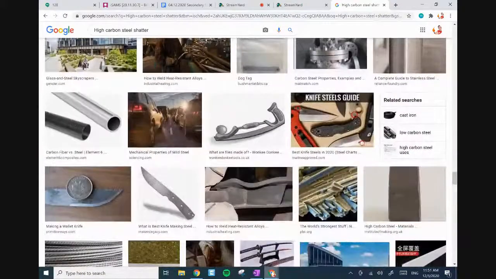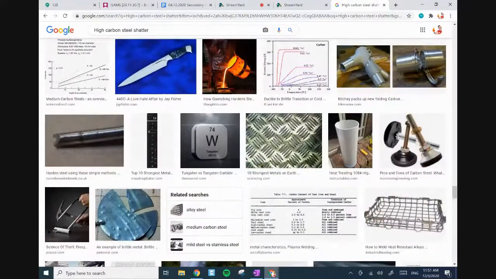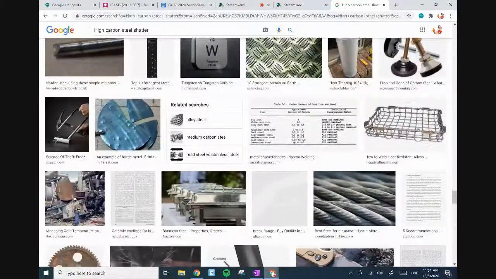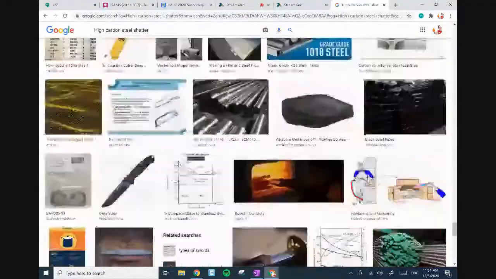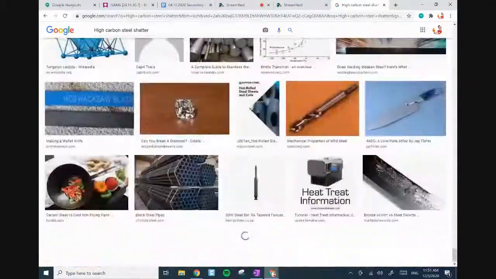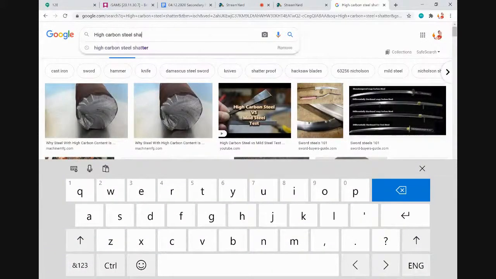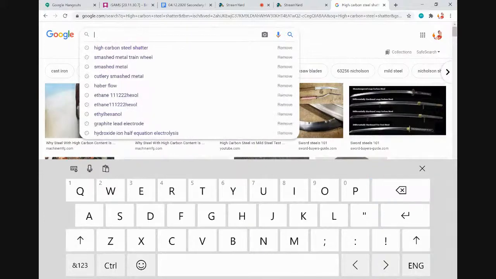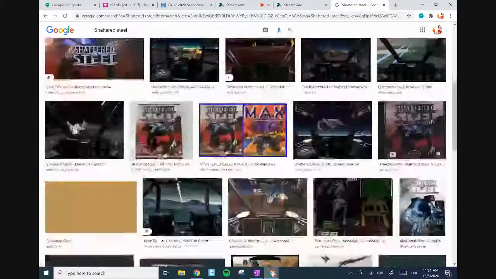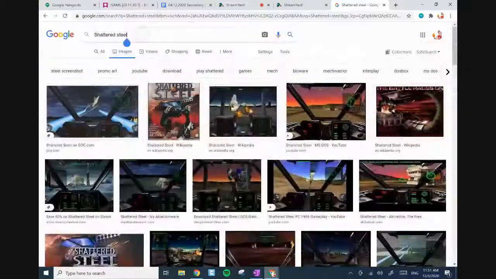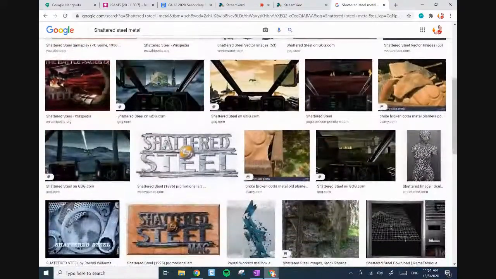So the skin of the blade is high carbon so that it remains sharp, but the inside provides some flexibility. I can't find any pictures of shattered steel. Oh, finally, but it's an ancient one. It's not what I'm looking for. I just want shattered steel. Come on, I don't have time for this. Shattered steel. Oh, it's a computer game? Are you for real? Stupid thing.